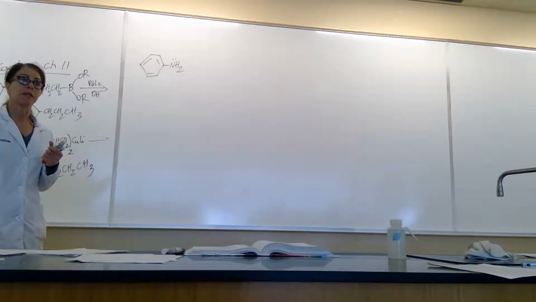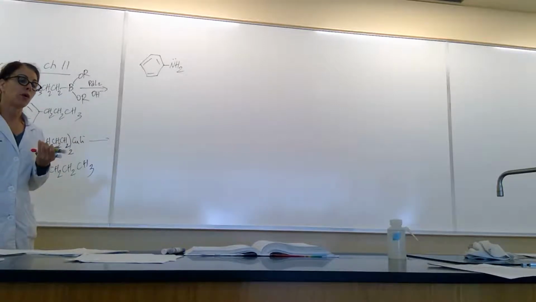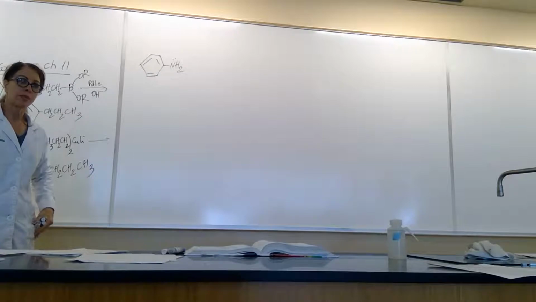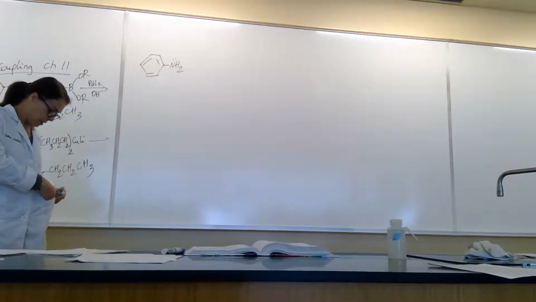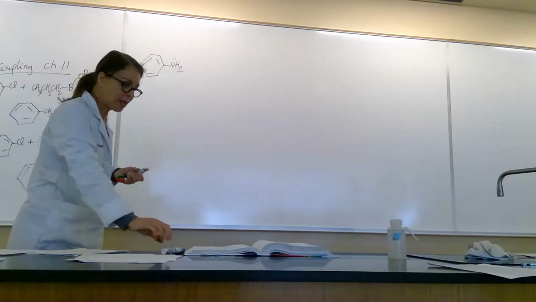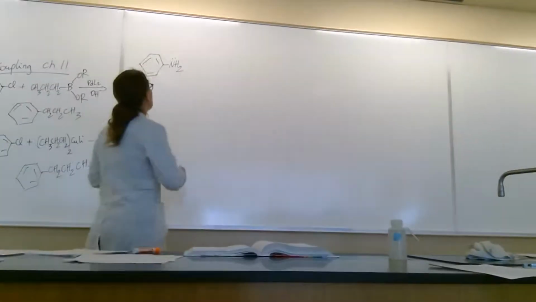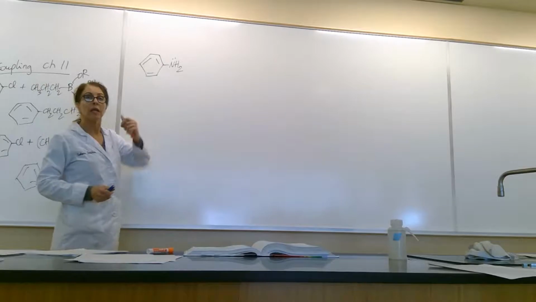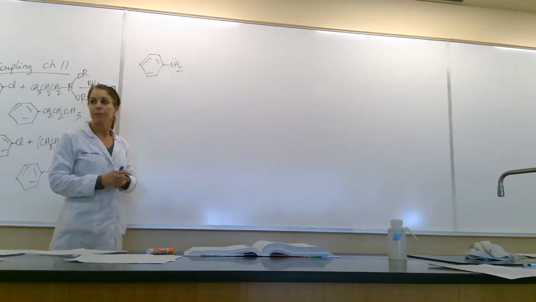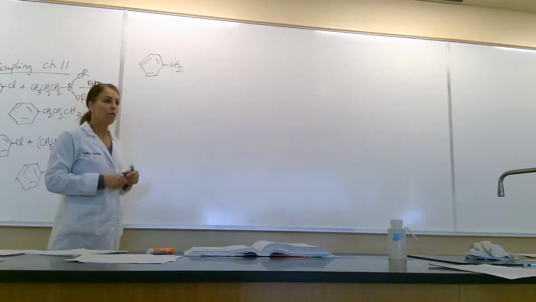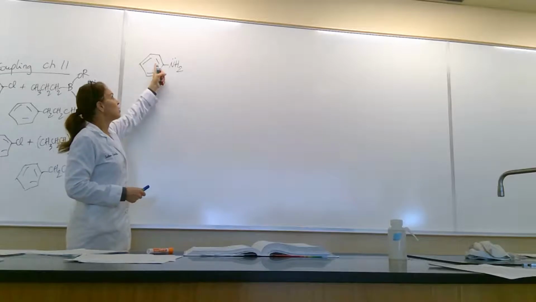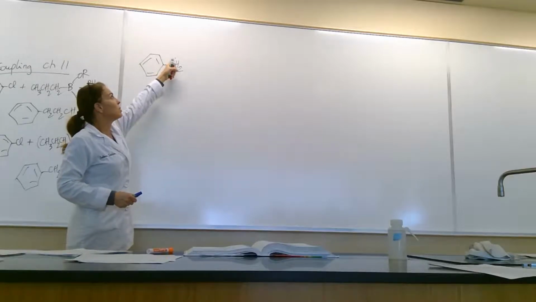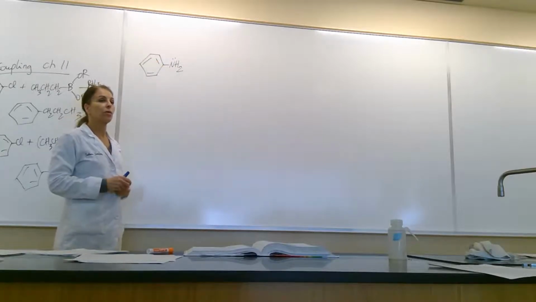And for that reason, you now have to know how to write resonance forms. So this substance has resonance forms. You have a lone pair that's conjugated with the ring. Which way are the electrons going to come out of the ring, or will they go to the ring?